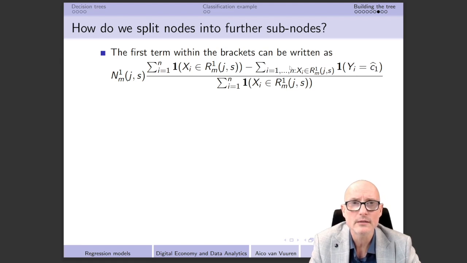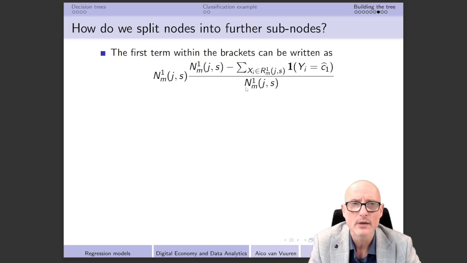This is now the new thing. The next thing that we can do is to realize that this is exactly equal to N1-MJS. So we can write this as N1-MJS, and this thing can also be written as N1-MJS, in order to get this relationship that we have over here.